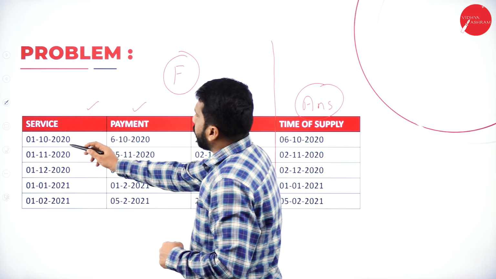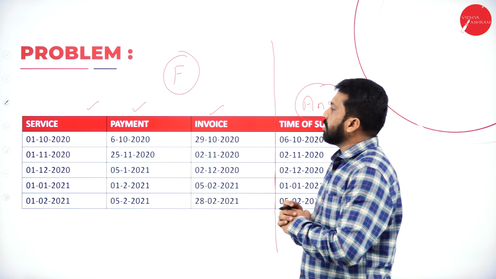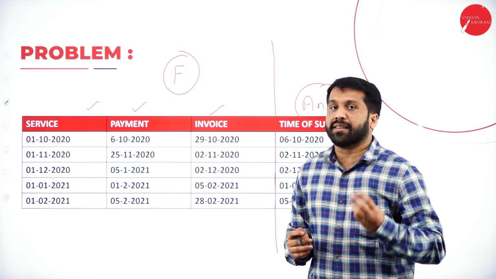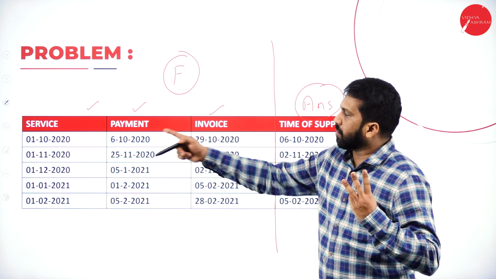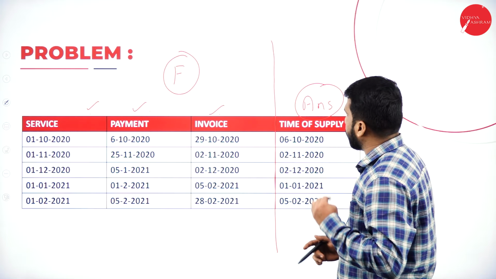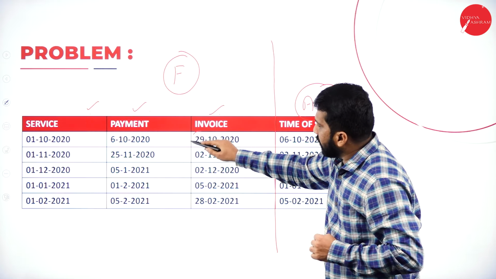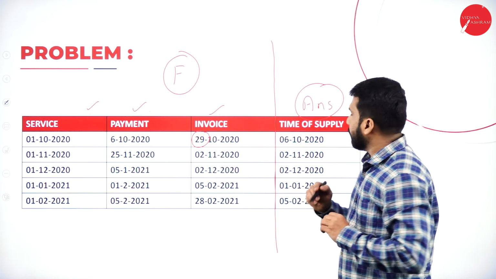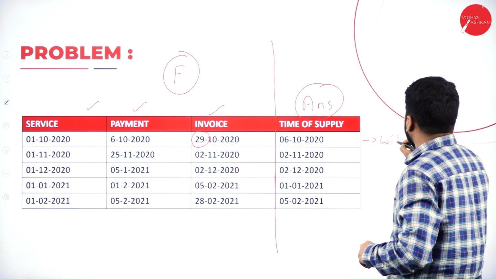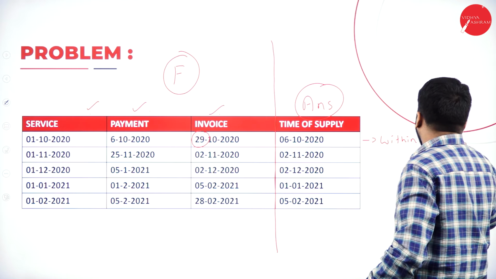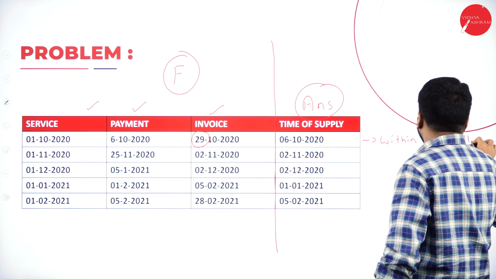Since your service happened on 1st October, exactly 30 days is calculated as October 30th. But the invoice is made on the 29th, within 1 month.